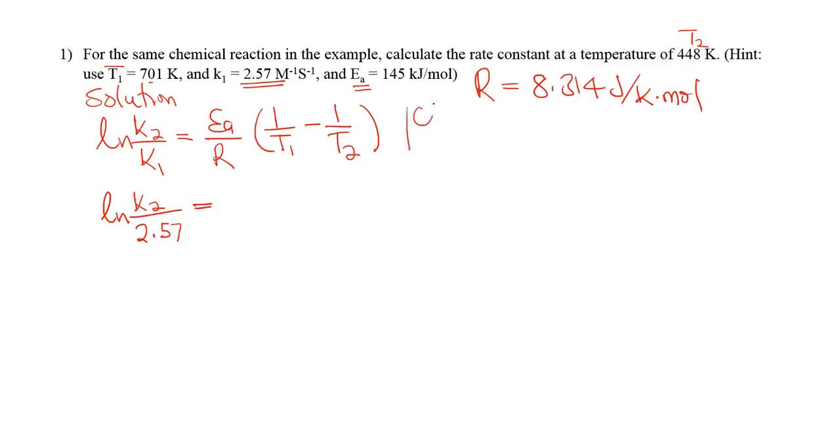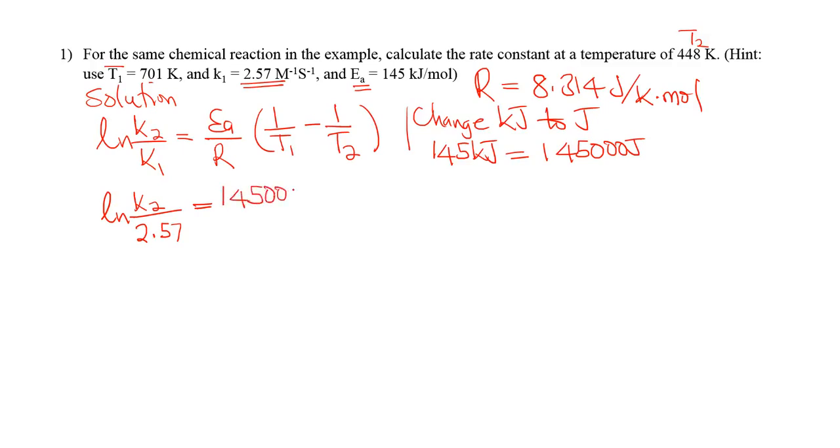Always change kilojoules to joules. So 145 kilojoules is equal to 145,000 joules. That is what you put in the formula. Do not put kilojoules inside this formula. So we are going to have 145,000 divided by 8.314.